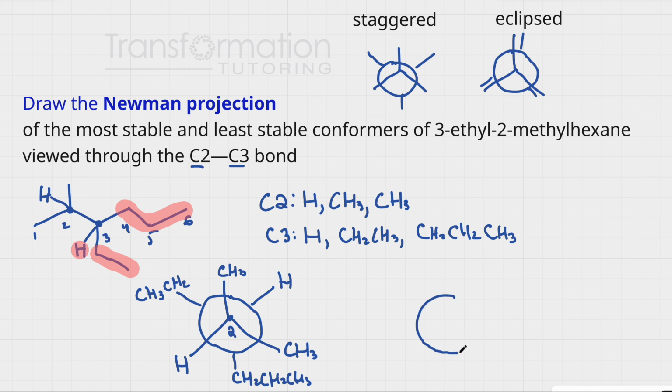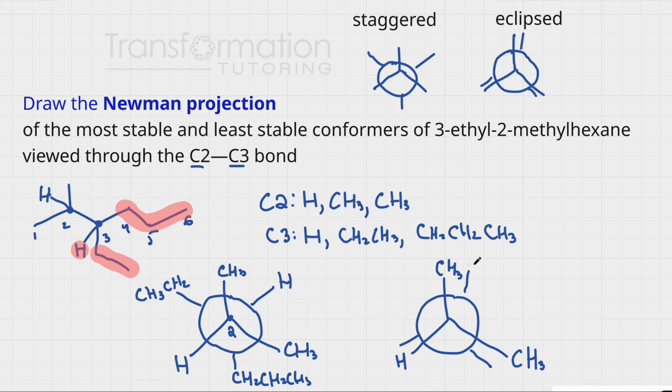Now let's draw the least stable conformation. I can leave my front carbon the same, CH3, H, and CH3. And for the least stable conformation, it will be eclipsed, which means the groups will be right behind each other. And to make it less stable, I will put my biggest groups right next to each other.